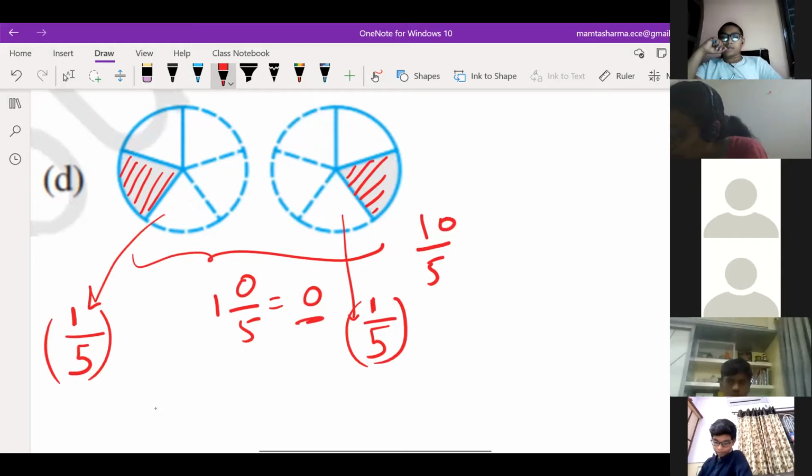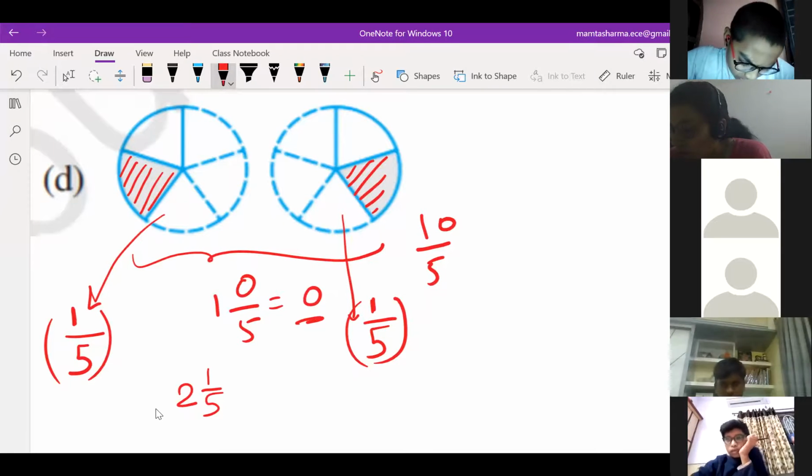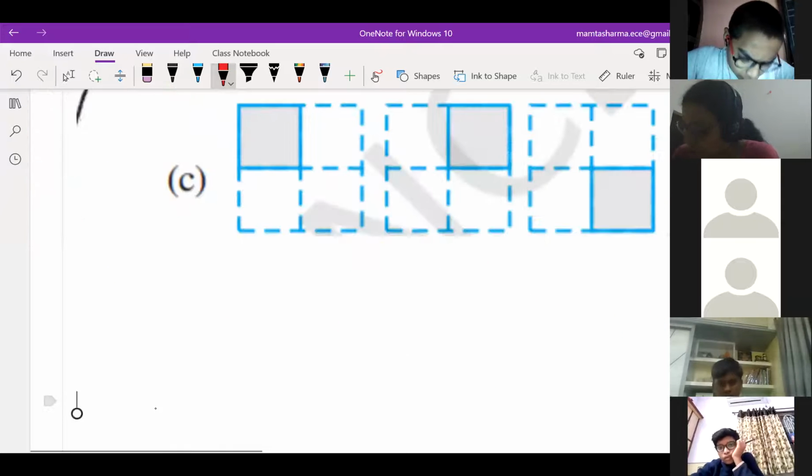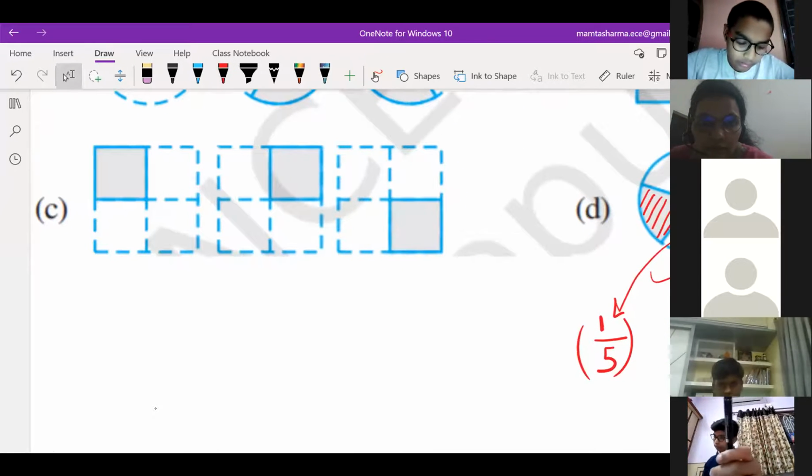Now we have to write one fraction for both of the circles. So this will be 2 1 by 5. Okay. Clear? Okay.